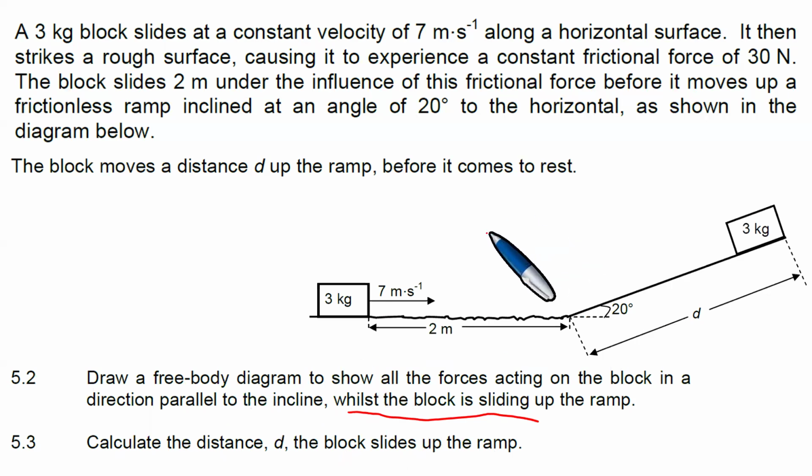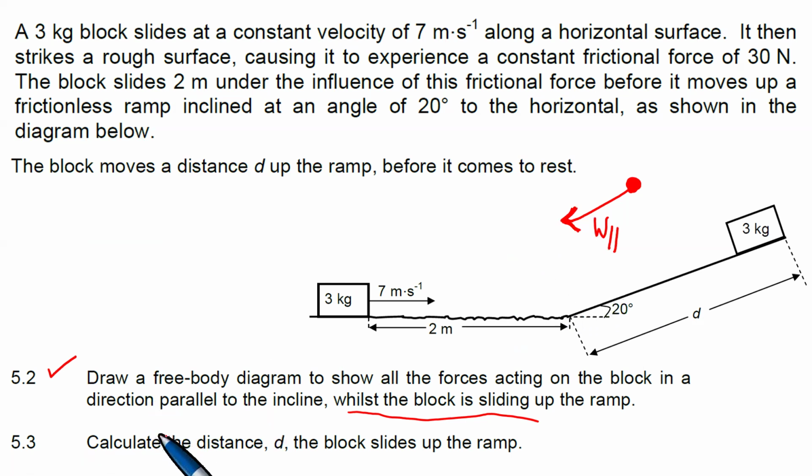Now, what the free body diagram is going to show in 5.2 is that when this block is sliding up, there is W parallel.